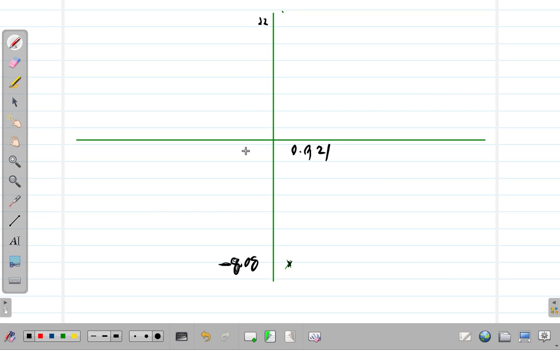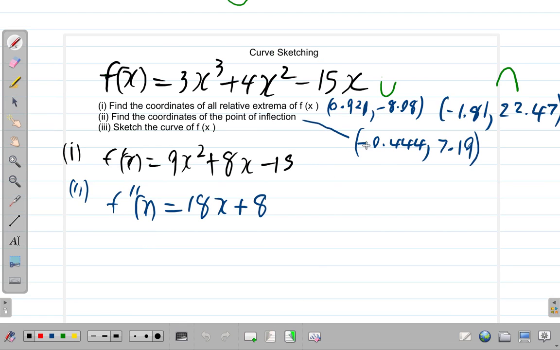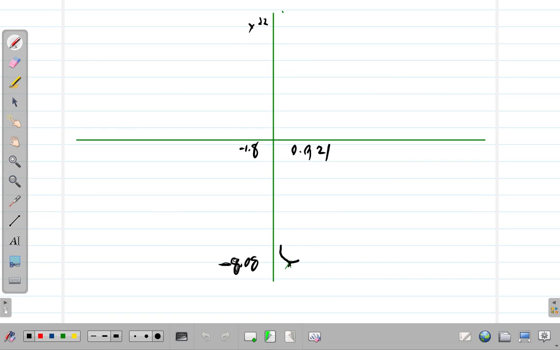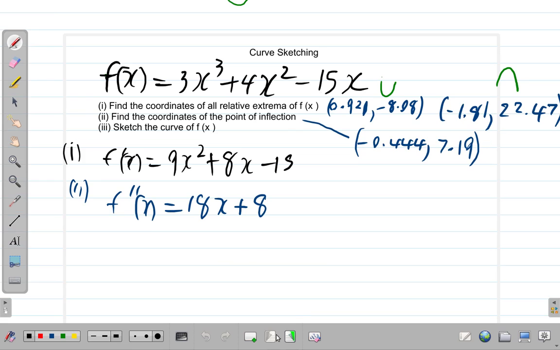It's a bit easier for me to remember. So this is what it's going to look like. With the one on the right, the 0.921 for x is a minimum point. And then here now is going to be the maximum point.